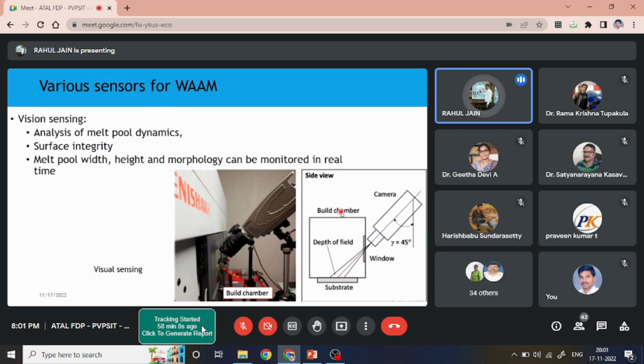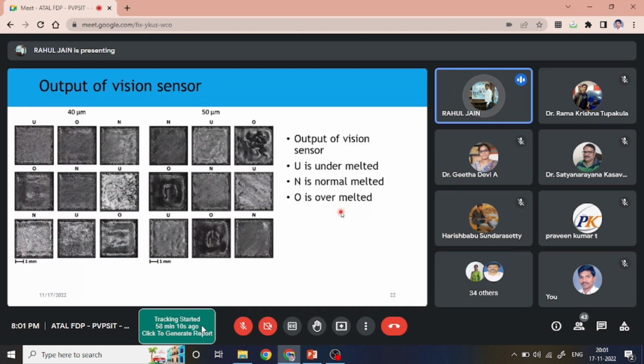For example, this is one of the outputs done by one of the researchers, right? He has done various experiments, and this is showing 40 micron by 40 micron area, right? And this is indicating different information. What is this indicating? First of all, this is an output of vision sensor.